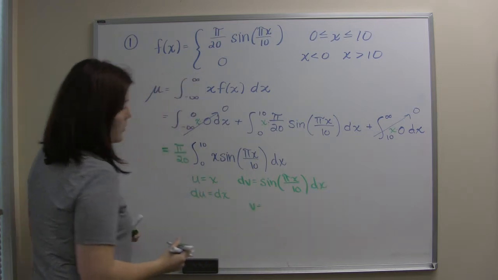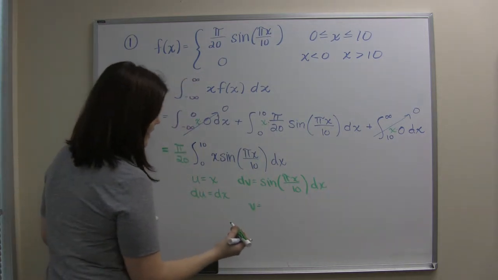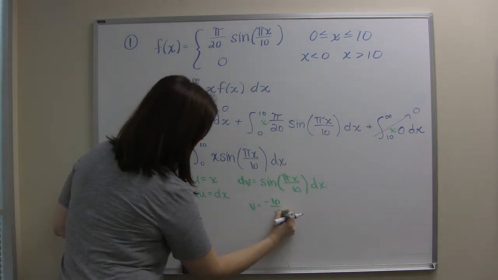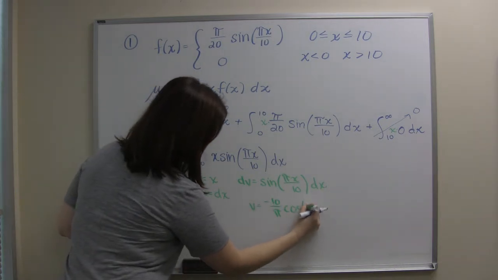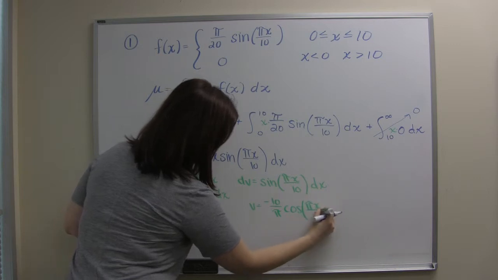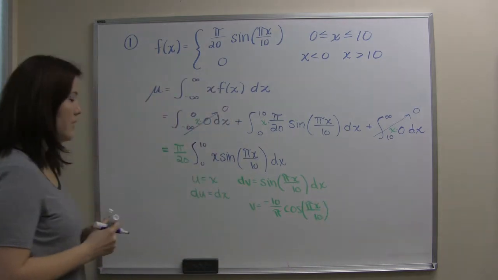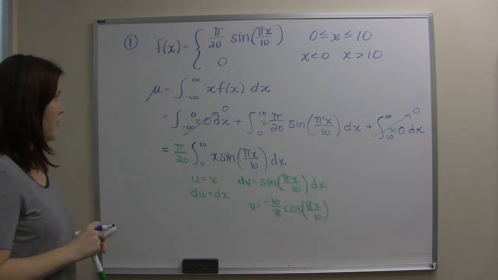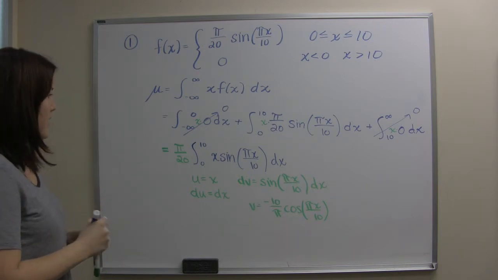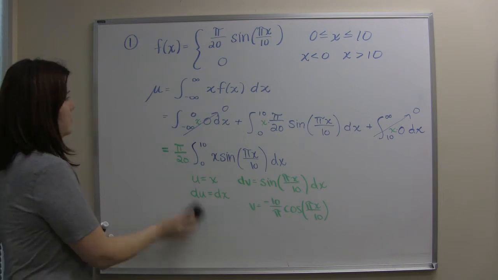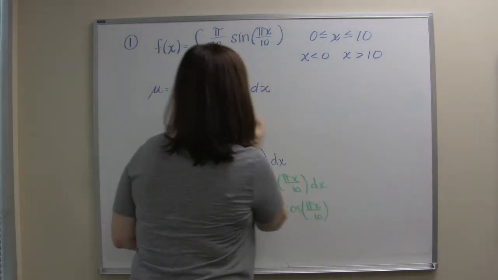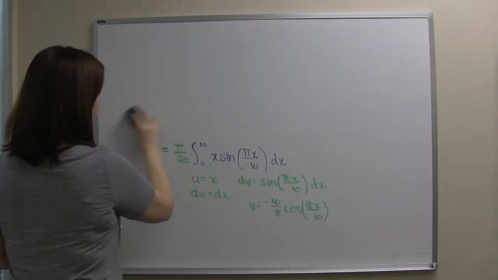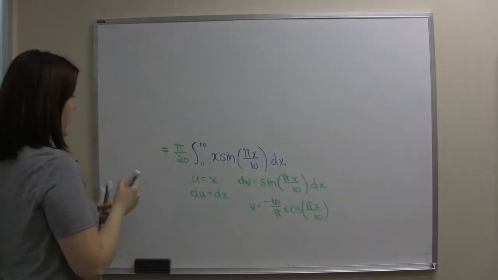So I'll pick my dv to be sine of pi x over 10 dx. And using a little u sub, I can get that the antiderivative of that will be negative 10 over pi cosine pi x over 10. So I just did a little u sub that I didn't show there in that step. So now we're ready to take these pieces and actually compute this integral. So let's go ahead and do that.